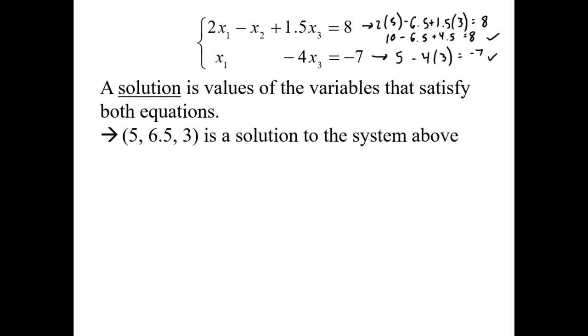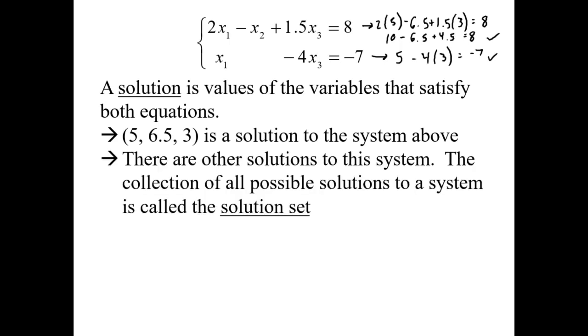A solution means it makes both equations true. In some systems, there's one solution. In this case, there happen to be many solutions, so this is just one of many correct solutions. If there's more than one correct solution, we call that a solution set, and our goal is going to be to describe them all, and we'll get to that.